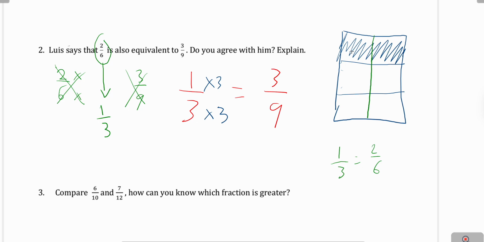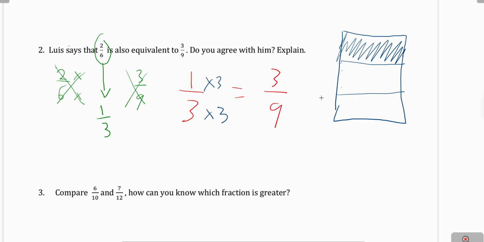Now, how does it become 3/9? Well, let's see. Each 1/3 was broken up into 3 parts. So this is the original 1/3.